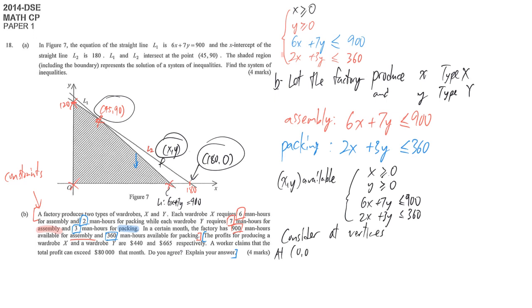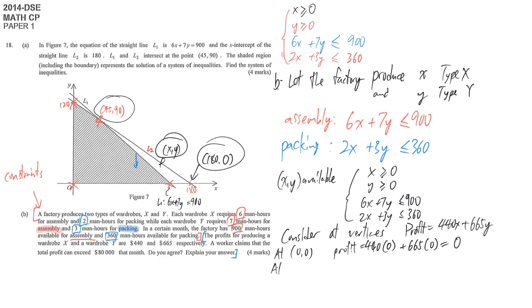At (0, 0), the profit will equal 440 times x, plus 665 times y, which is 0. We don't produce anything. Of course, we don't have any profit. So the profit function is equal to 440 times x plus 665 times y.